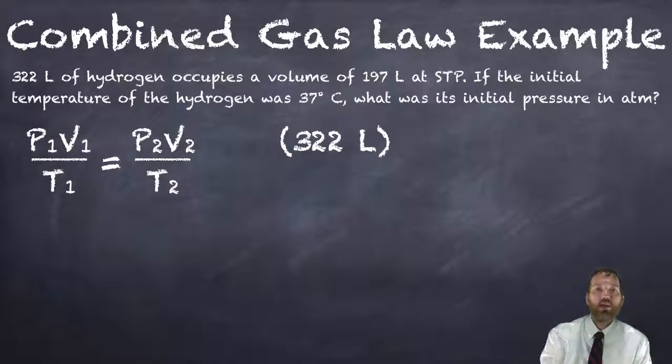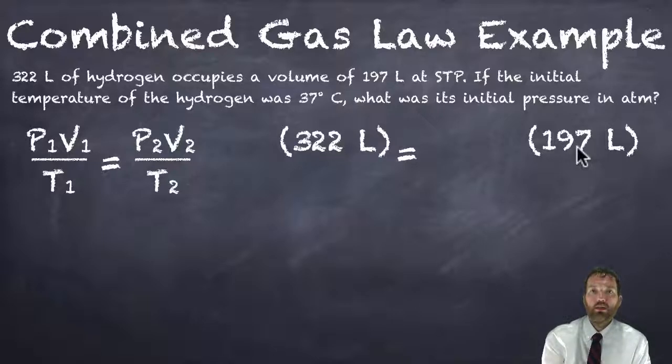But it's occupying this other volume, 197 liters, at STP. So my final volume, my V2, is 197 liters. What else? They've given us that it's occupying this volume, 197 liters, at STP.